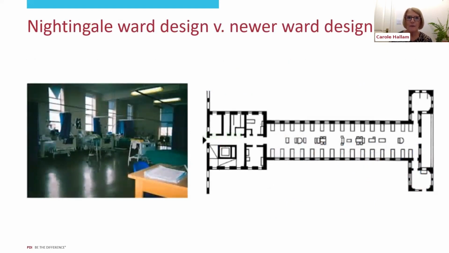So I'm an old nurse, so I remember Nightingale wards very, very clearly. So nice open wards, nice high ceilings, plenty of ventilation, not so good perhaps for patient dignity, privacy, and we often had very poor side room accommodation.